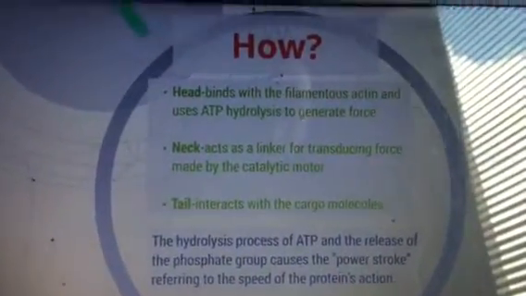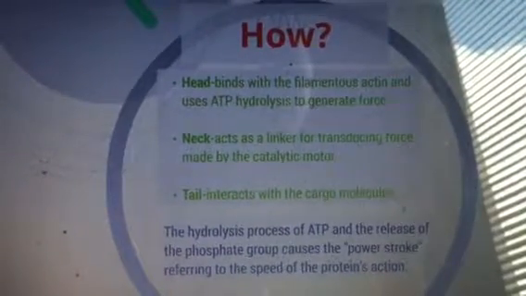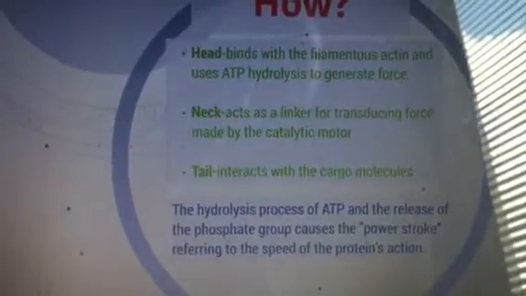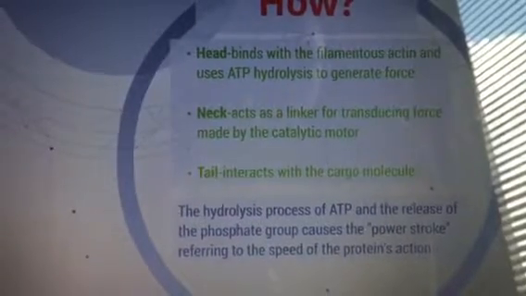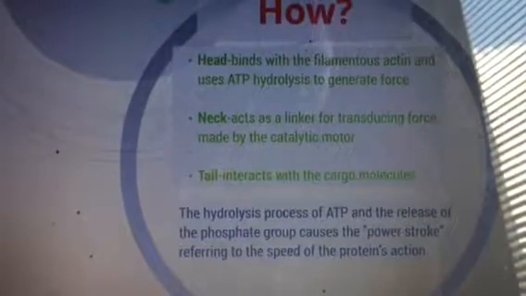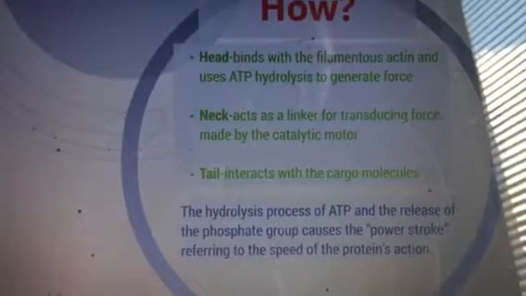All right, so how does this protein work exactly? Well, it has three regions: the head, neck, and tail, somewhat like an animal would have. The head binds with the filament actin and uses ATP hydrolysis to generate force.